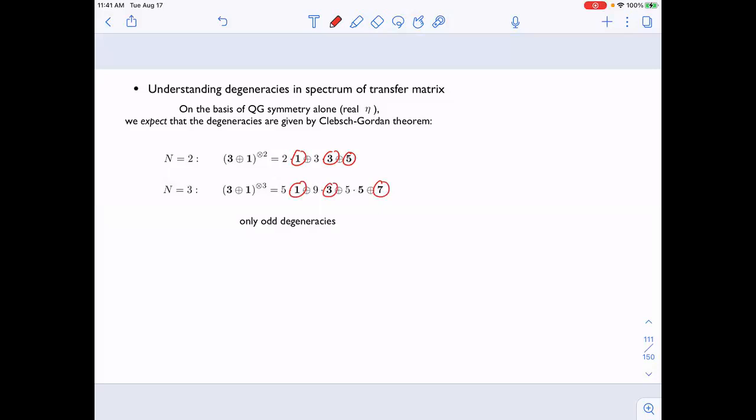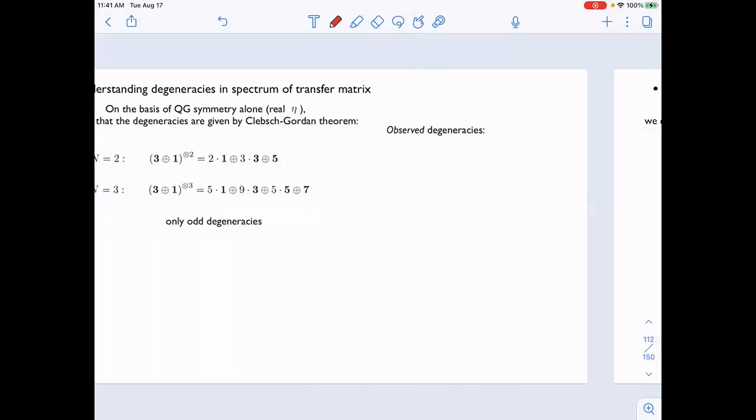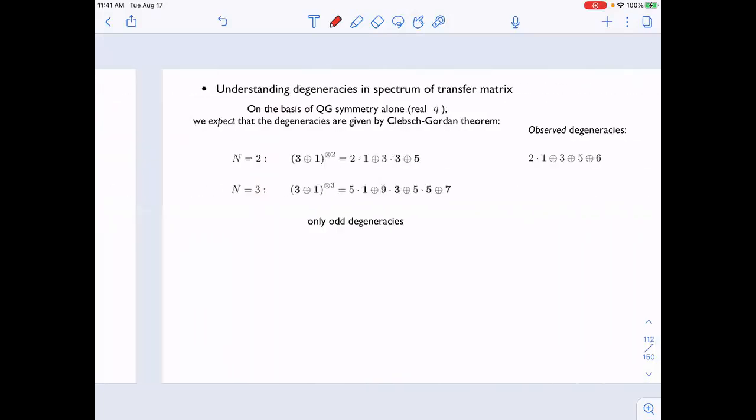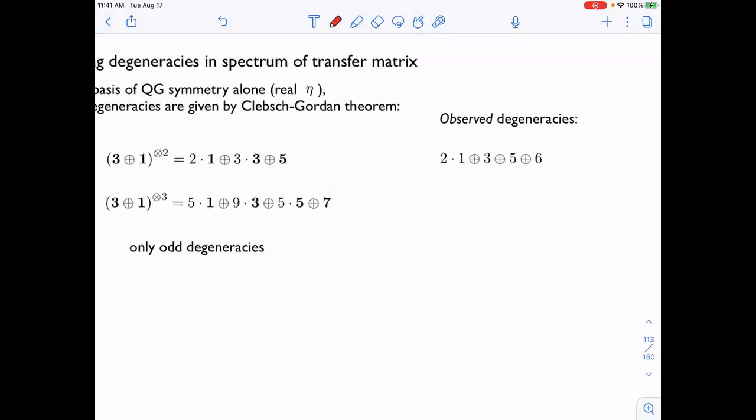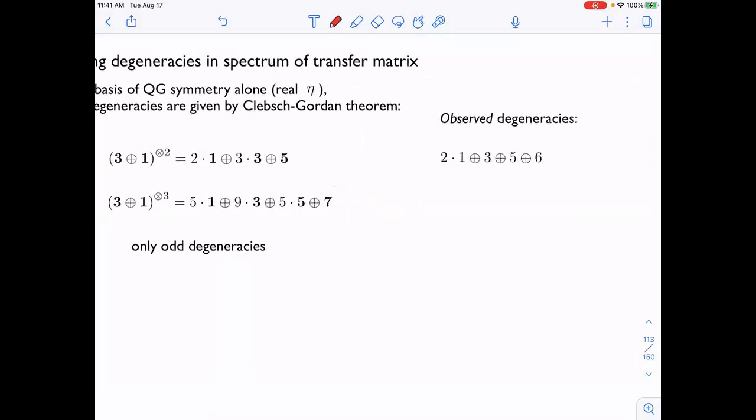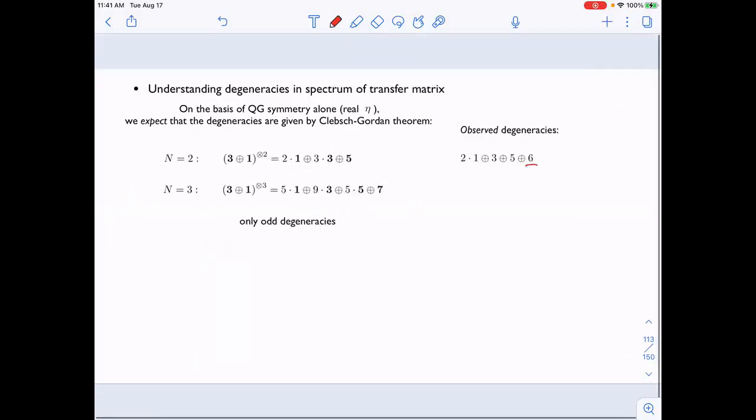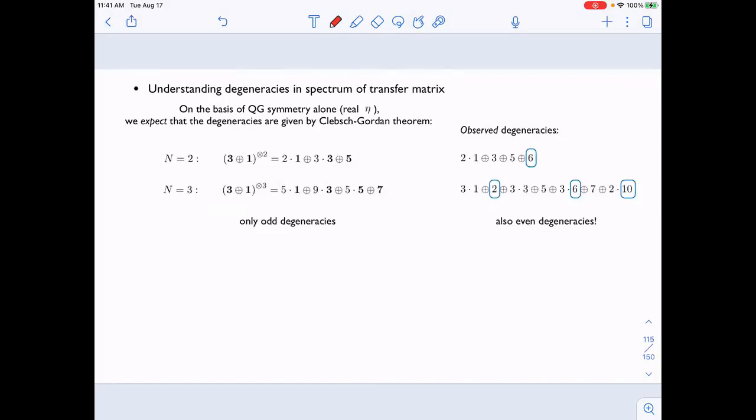But in fact, what you see is a lot more interesting. The observed degeneracies, and you can just do it on your computer, is now you start to see some even degeneracies, like you get this 6 here, in the case of two sites. And in the case of three sites, you get a 10, and you get the 6, and you get a 2. So we have also even degeneracies.